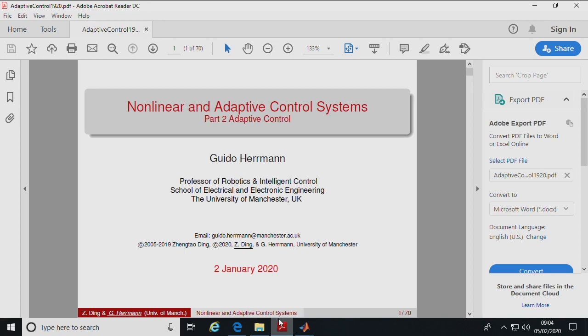Can anyone give me a glimpse of an idea, what is feedback linearization? We just go through it for a minute and maybe, what kind of concepts did we look at?